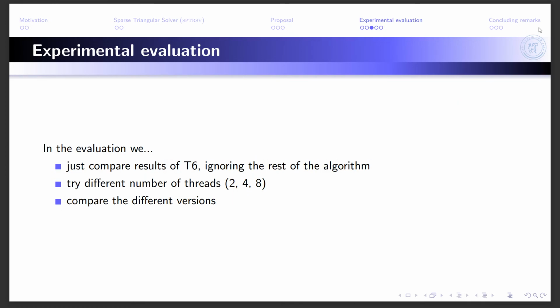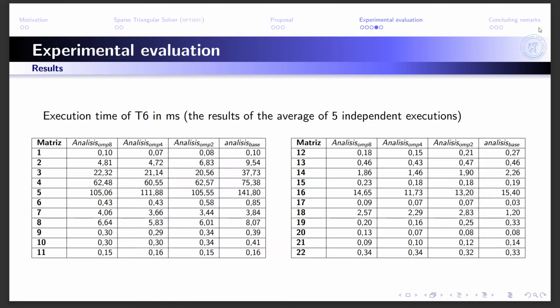In our evaluation, we just focus on T6 and tried versions with different numbers of threads: 2, 4, and 8. This is the execution time of the four versions: the baseline, which is in CPU and serial, and the others that are with OpenMP.